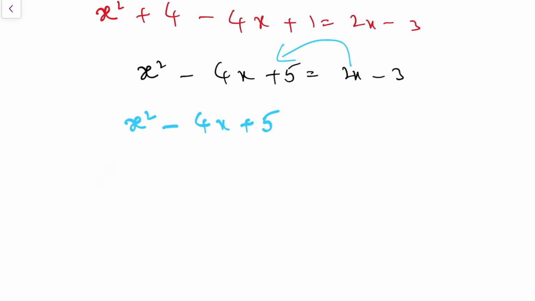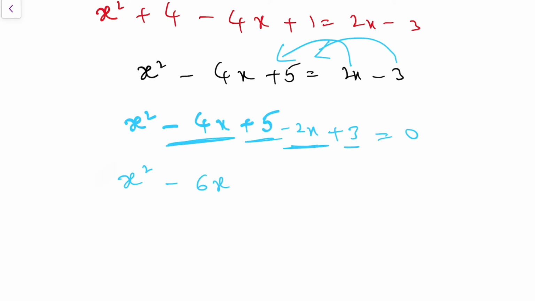If we take it to the left side, it becomes minus 2x. Minus 3, if we bring to the left side, it will become plus 3, equals 0. x square as usual, minus 4x minus 2x is minus 6x, plus 5 plus 3 is plus 8, equals 0. So after simplification of the given equation, I got the final answer as x square minus 6x plus 8.